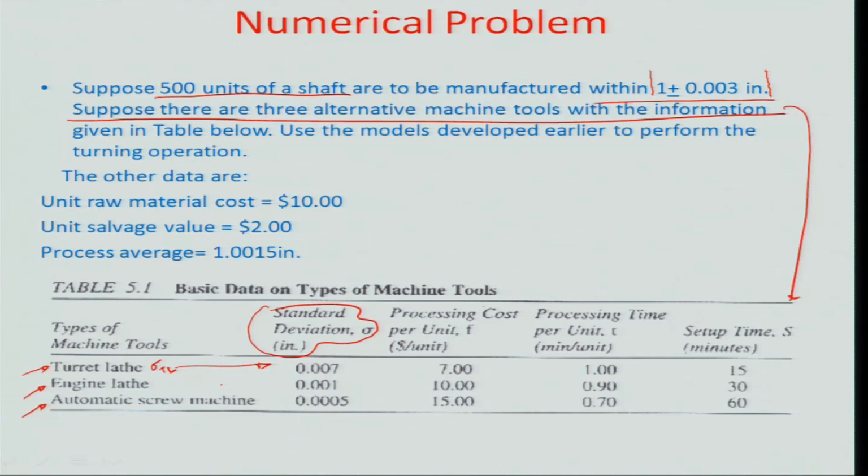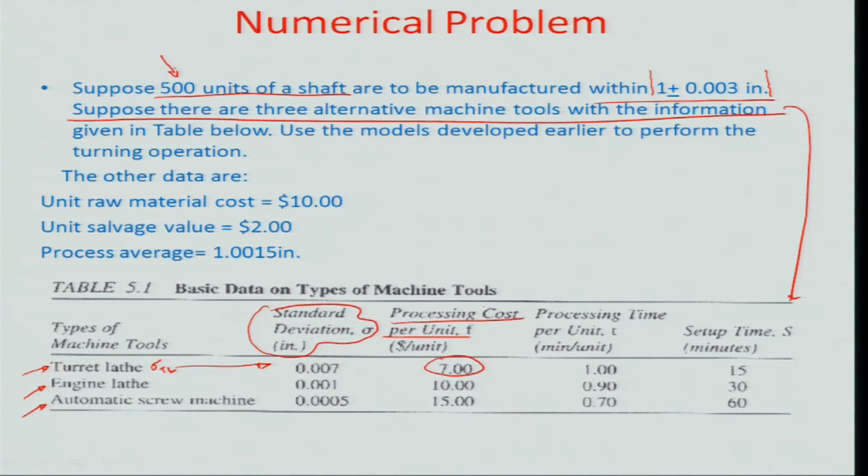There is also a processing cost per unit, which may include consumables and other things needed for running the machine. This is about $7 per unit, the processing cost at the current production level of 500.